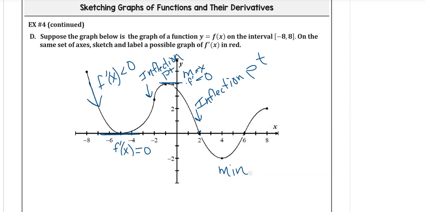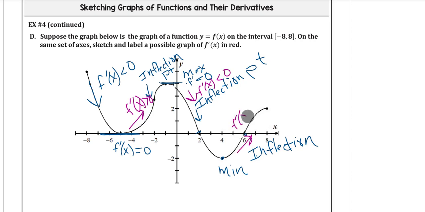I'll go back and fill in some other stuff here. And we have another inflection point here. And the only thing I didn't fill in is here f prime of x is going to be greater than 0. Here it's going to be f prime of x will be less than 0, and then it changes again here. It'll be f prime of x will be greater than 0.